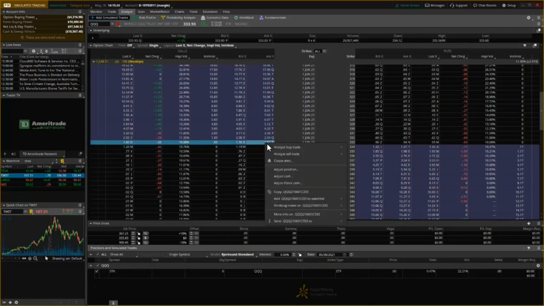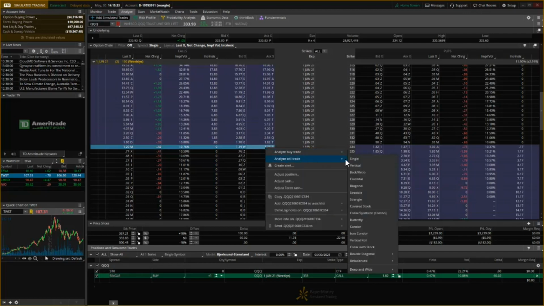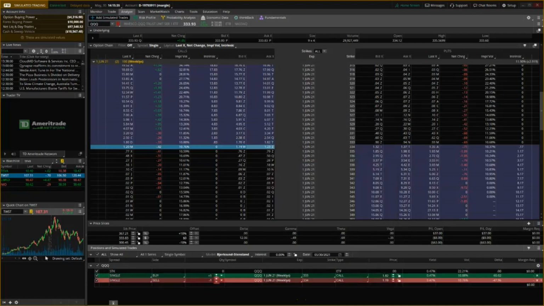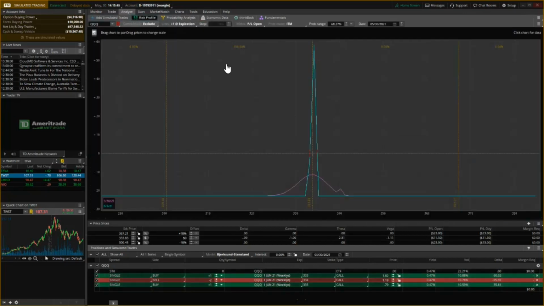We can buy 33, we can sell 334. We need to sell two of those, and we need to buy at 335. Now you see I've done that on 33, 34, and 35. And voila, we got this kind of butterfly strategy.